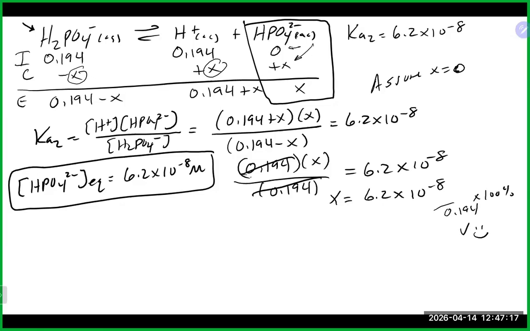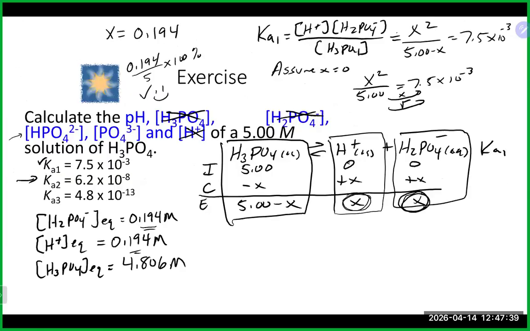If you started at 0, even if you made a super small amount, that's more than you started with, right? It's significant. Plus, just mathematically, you have nothing to solve for if you get rid of all the x's, so you have to keep one there. But when we do the assumption, anything you're going to subtract an x from or add an x to is the x's you can get rid of. Other questions? Now, that takes care of this one, right?